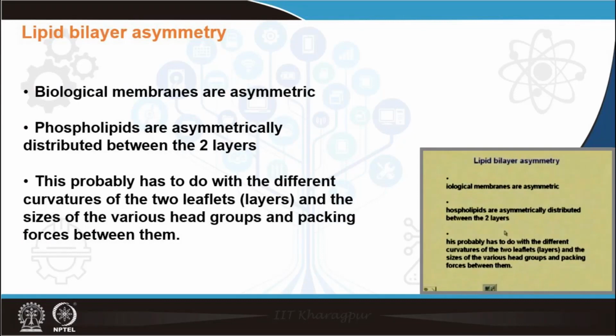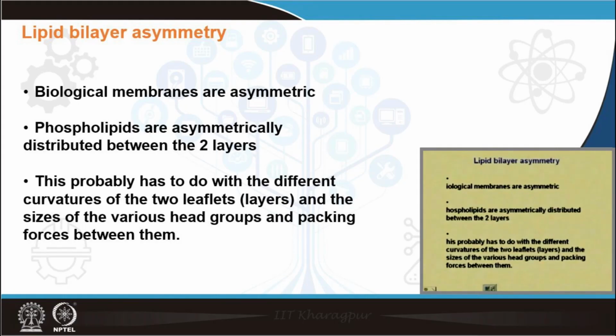So, we have the lipid bilayer asymmetry. The biological membranes are asymmetric. The phospholipids are asymmetrically distributed between the two layers, and this is due to the curvature of the two leaflets or the two layers.